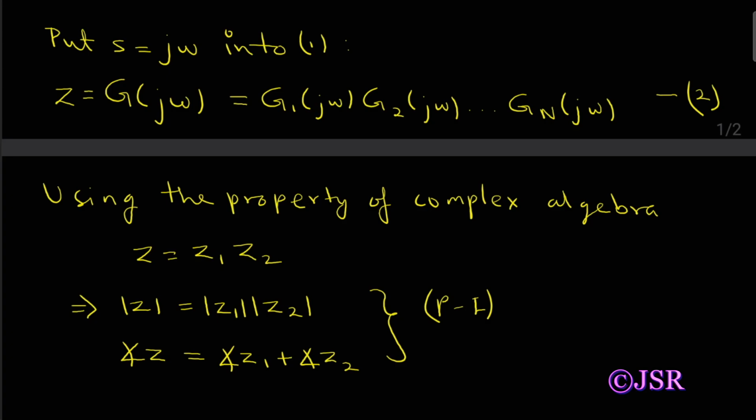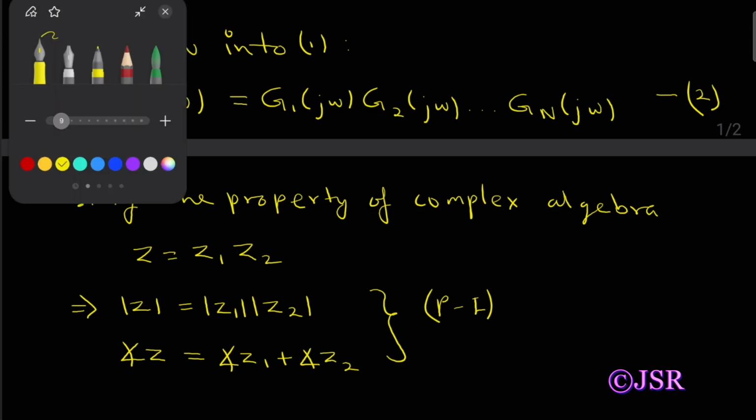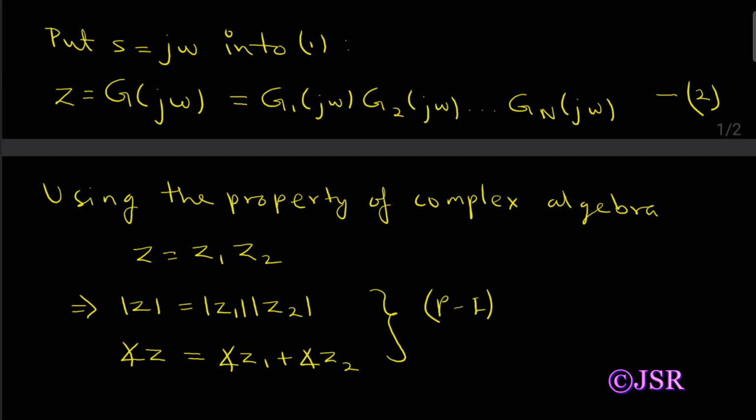We also know that we can express any complex number, let's say Z, in polar form.